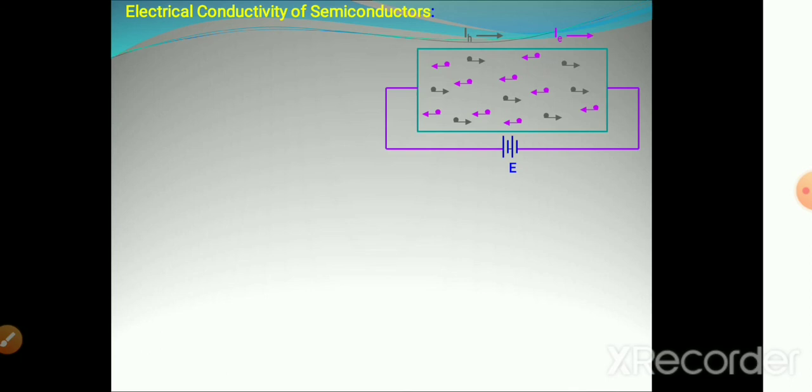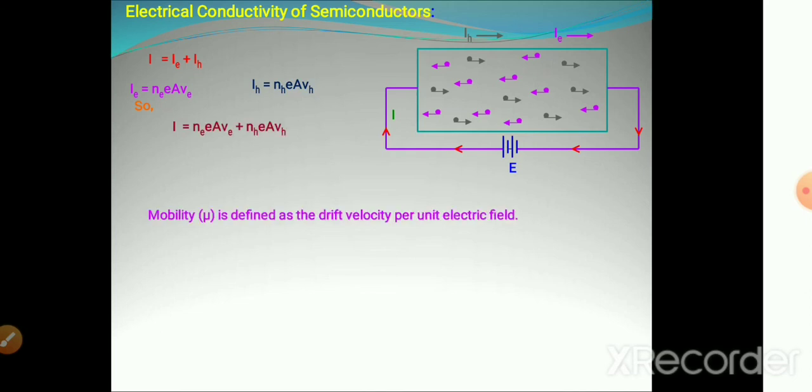As a result, they both produce currents in the same direction. So the total current passing through the semiconductor is the sum of these two currents. The currents due to holes and electrons are given by the relation n e A v_h or v_e, the same relation that you have done for drift velocity in current electricity.